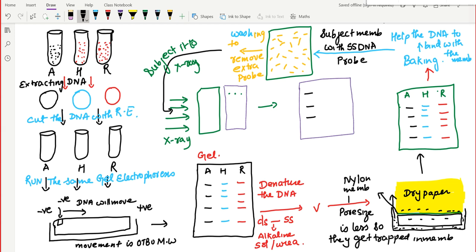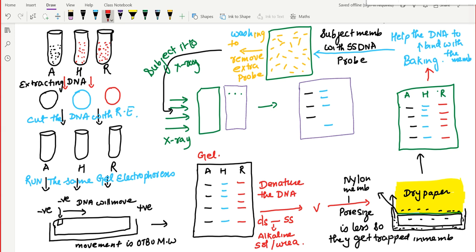It can be anything. Now when we observed H, we got this band, this band, this band, and this band. Obviously both sets of bands are not matching with each other, and we should know that if I take a sample from a person's skin cells, pancreas, or hair, the DNA bands should match exactly 100%.